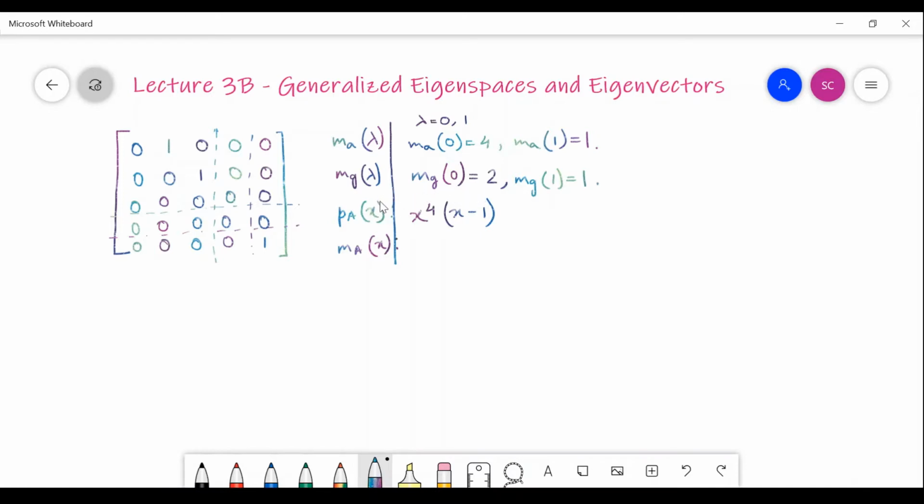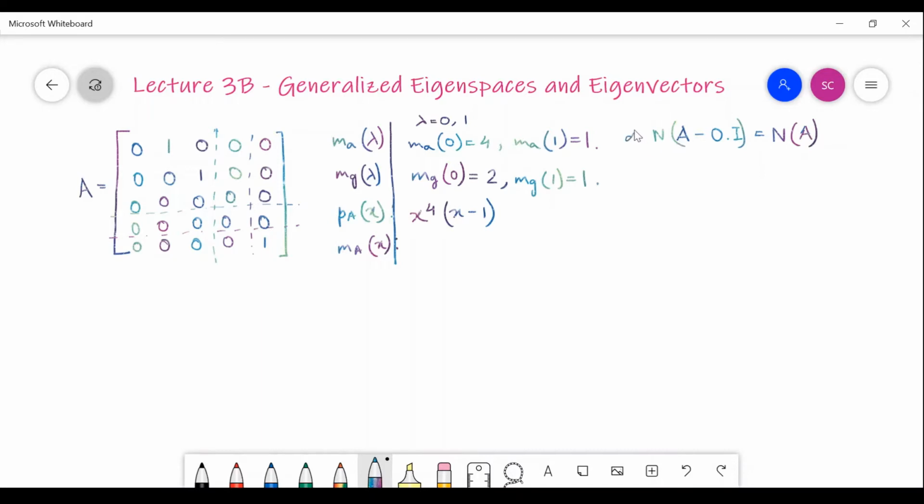You can also go the actual way that we do it, that is we find the null space of A minus 0I, which is nothing but the null space of A. It is the same matrix that you see here. What is the null space? It is a span of basis vectors.